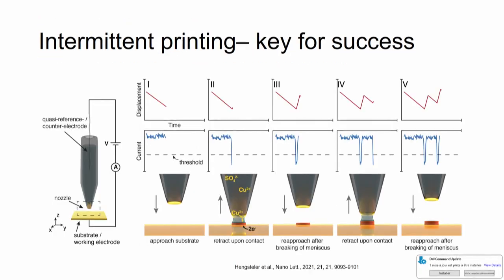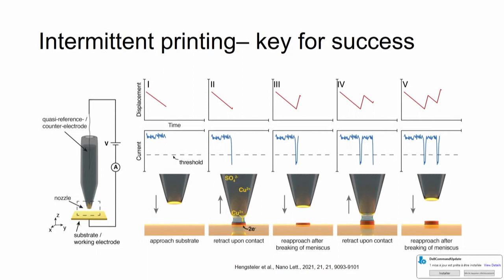So what we did was basically automate the process by breaking it down into individual steps. The setup remains the same. We simply approach with our nozzle to the conductive substrate. We measure a current. So obviously when we are in this configuration, there is no current, there is no meniscus. When we land, we start detecting some small current, and we immediately command our nozzle to retract.